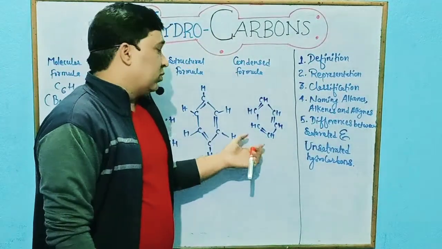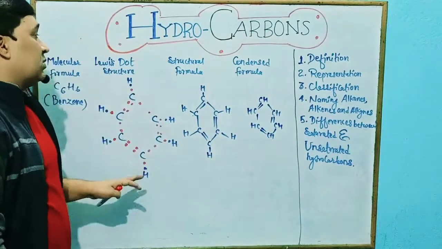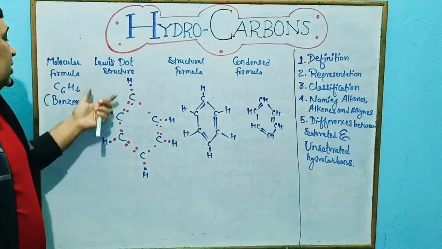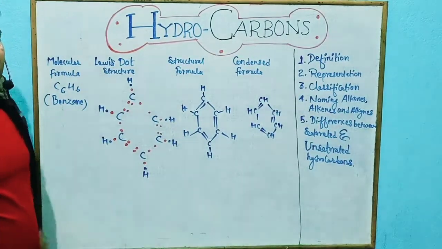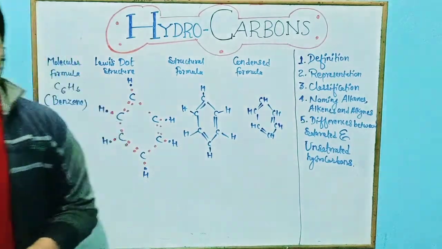In the condensed formula, we do not represent the bond line between carbon and hydrogen, right? So these are some examples of how we can represent hydrocarbons and how we can draw the Lewis dot structure of hydrocarbons, right? I hope you understand it. Now, we will discuss the classification of hydrocarbons.